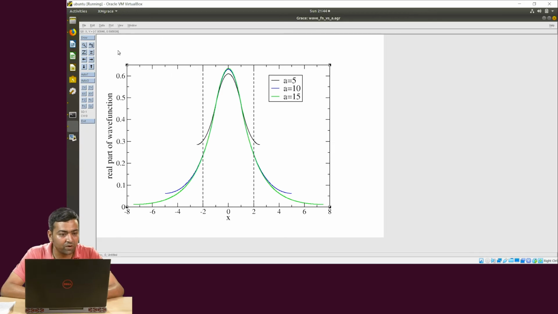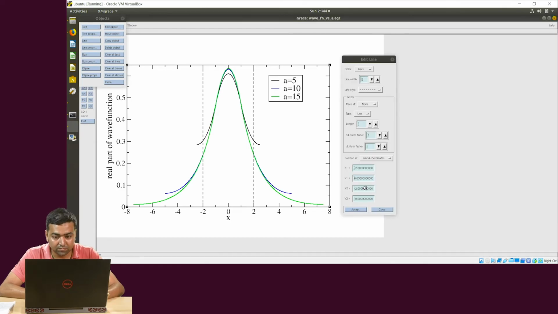So, what one should do is modify this: this will be minus 1, and this will be plus 1.